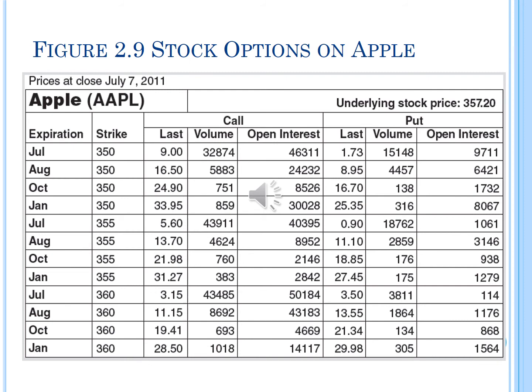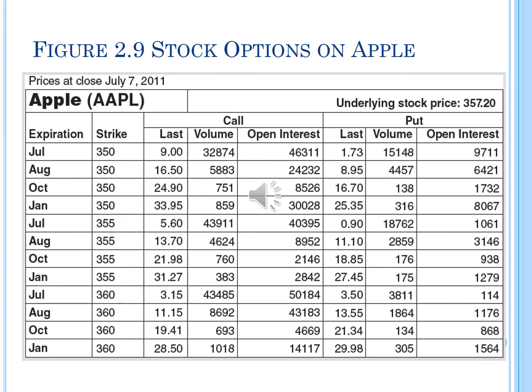Then you can see in the first two columns they show the expiration month and exercise or strike prices for each option. They have also included a listing for call and put options with exercise prices ranging from 350 to 360.